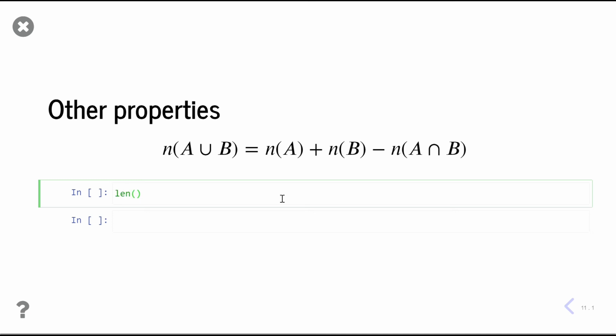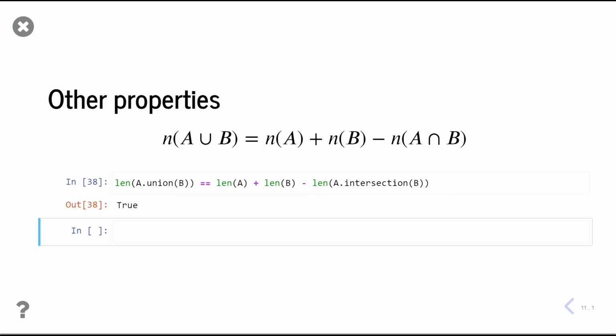So len(A.union(B)) is equal to len(A) plus len(B) minus len(A.intersection(B)). Python says this is True. That's all for today's lecture.